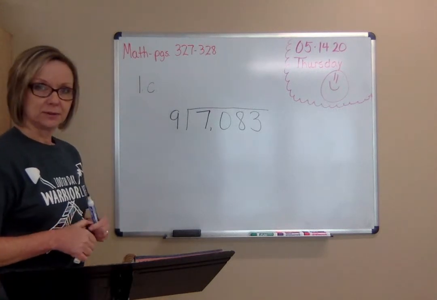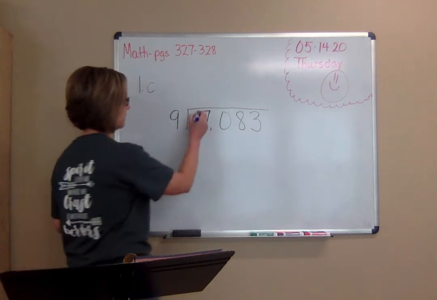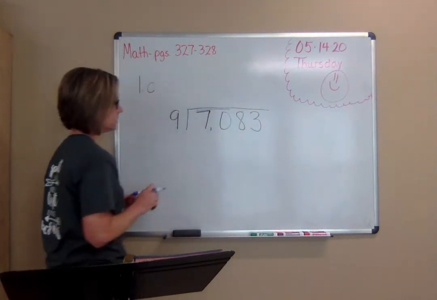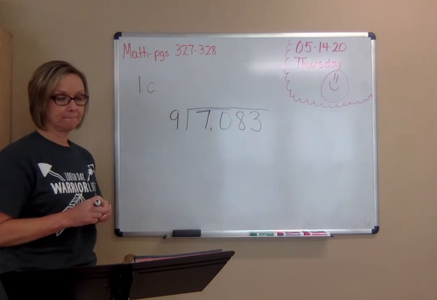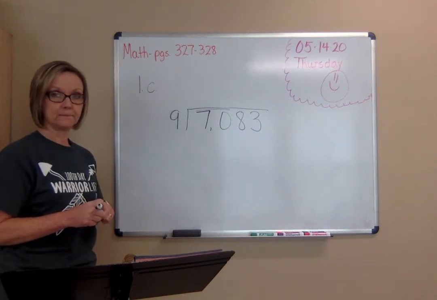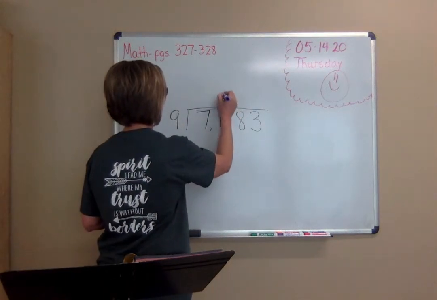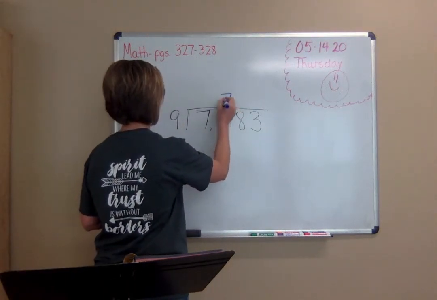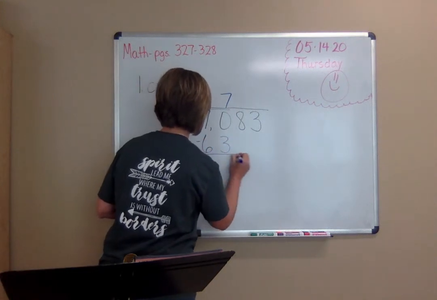All right. We'll take the whole number of 70. 70 divided by 9. How close can we get? 7. 7 times 9 equals 63. We subtract.